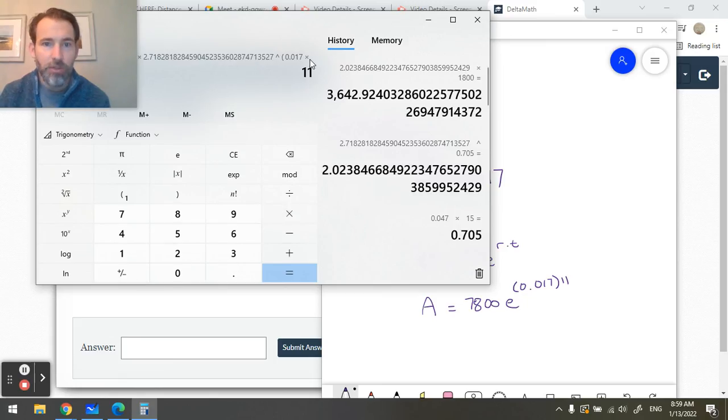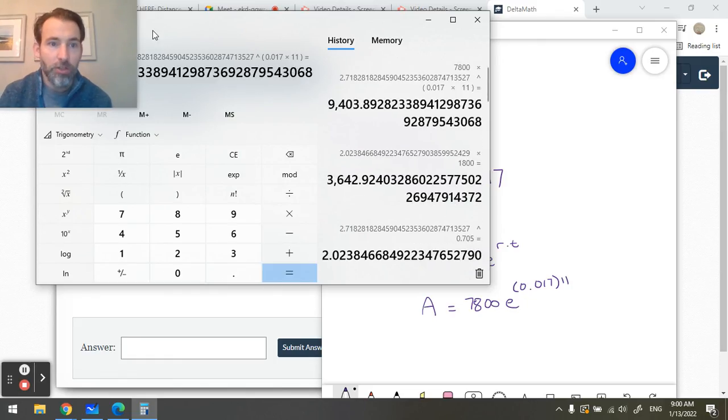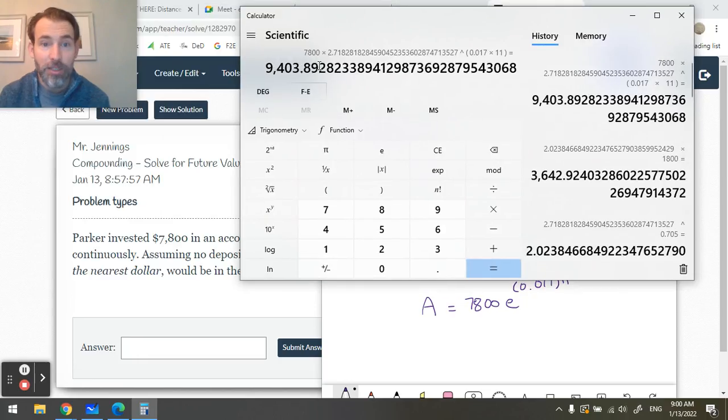Because I have to tell it to do this multiplication first before the exponent, because this has to be evaluated before I take the exponent of e. So that's what is in the bracket there. This is the power that e is being raised to, and when I push equals, I should get an answer that Delta Math will accept.